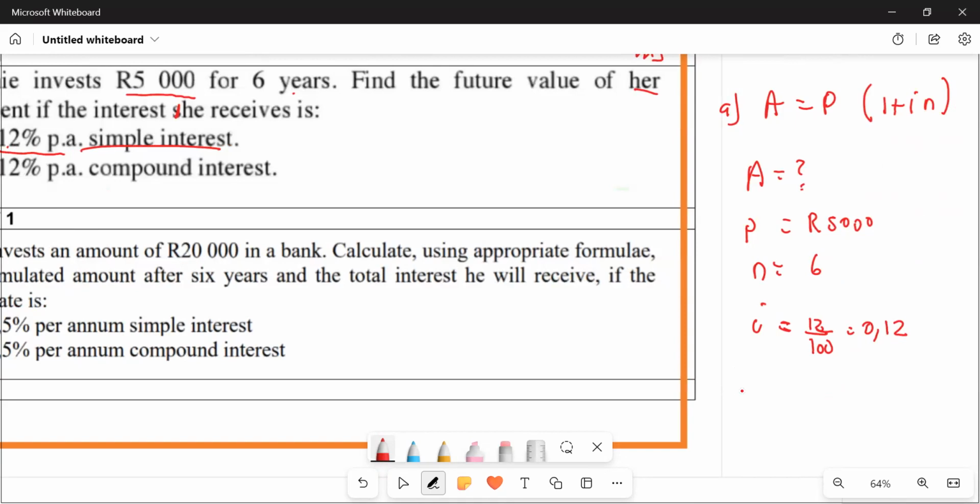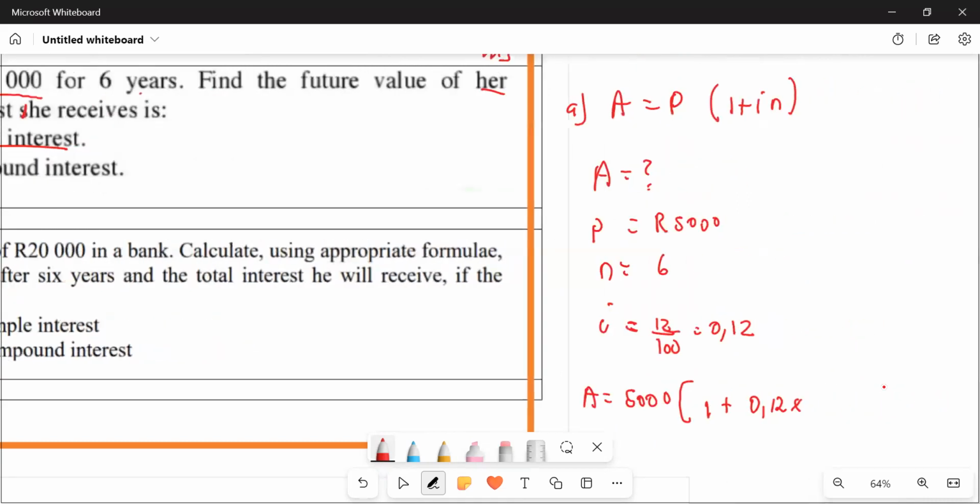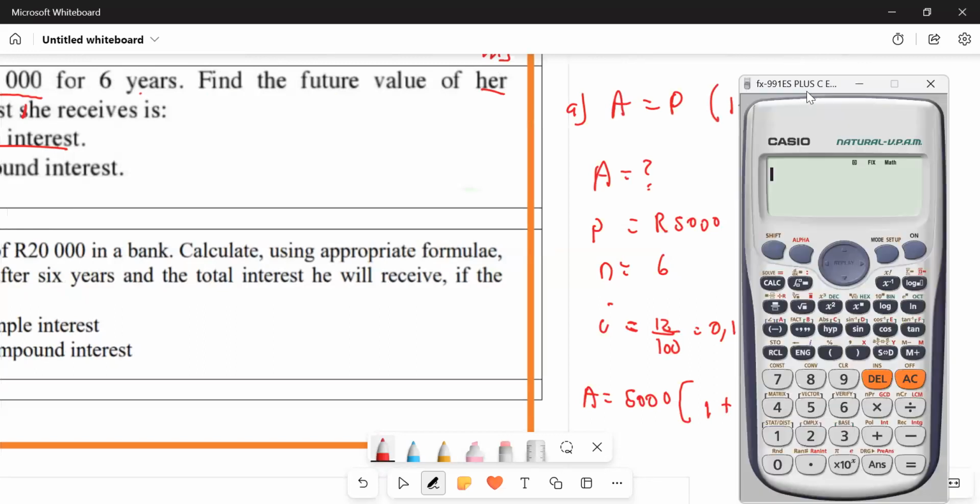And then after that, we're going to say A is going to be equal to 5,000 again, open bracket, 1 plus 0.12 again, multiplied by 6, close bracket. And then you type this in your calculator exactly the way it is.